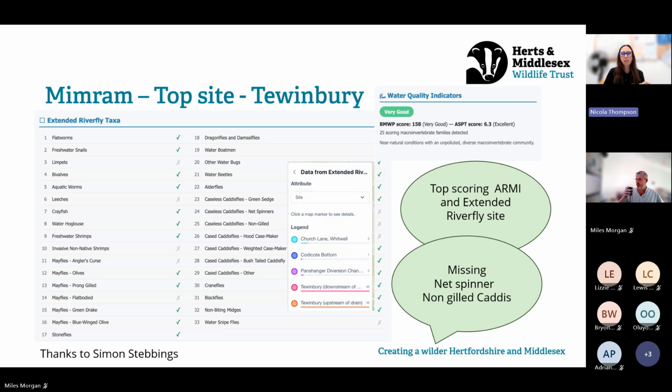So it's showing us this really good correlation: the extended riverfly is actually agreeing with our best site for eDNA. So that is really quite interesting. It's showing us that we could potentially use this at sites where we're not doing extended riverfly to have a good idea of what could be there. But as we can see, there's a couple of caddis missing there, which we need to work out why they're not being picked up. And next slide, please.